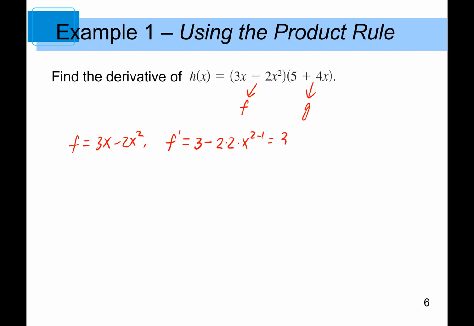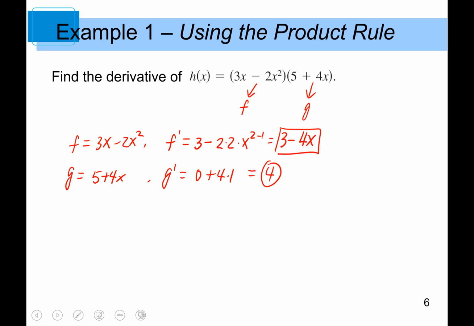So this becomes 3 minus 4x. That's f prime. So g equals 5 plus 4x. So g prime: the derivative of 5 is 0, the derivative of x is 1, so 4 times 1, and we end up with 4.